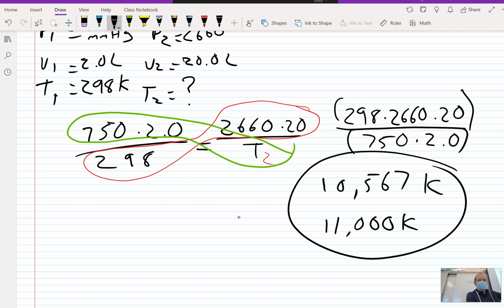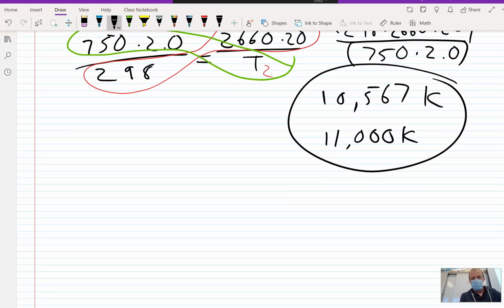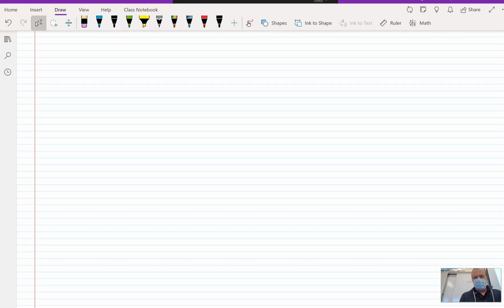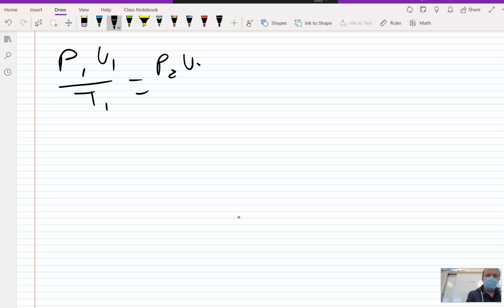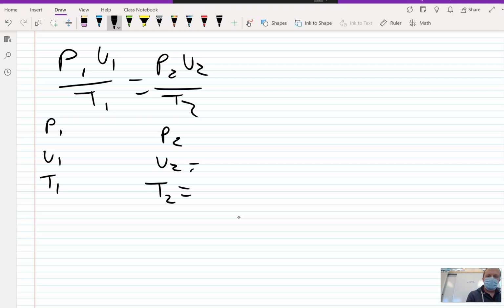Let me help you a bit with number 2 also. Okay, so this is a combined gas law problem. So here's the thing about this one.